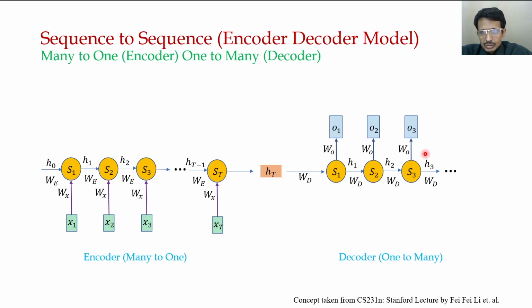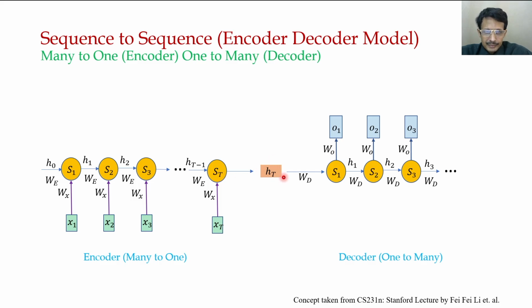But before discussing the decoder, one thing is very interesting here. What is the final output of the encoder? This is basically HT, the final output, the hidden state output coming from the final state of the network.